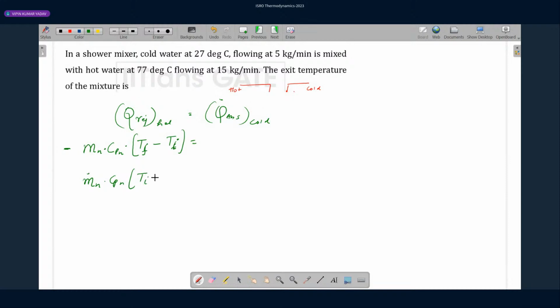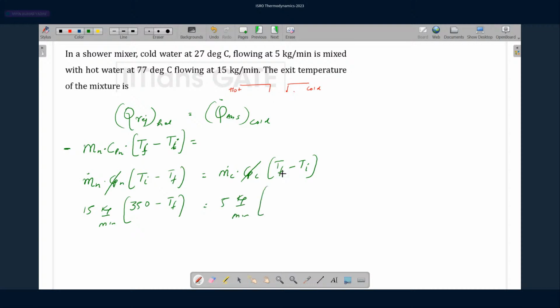These things are very obvious, so I hope you know this. Now cold is absorbing anyway, so m_cold Cp_cold times T final minus T initial. It is water in both, so I can cancel Cp. Hot one is 15 kg per minute, T initial is 350 minus TF. m dot for cold is 5 kg per minute, T final I need to find out minus T initial.